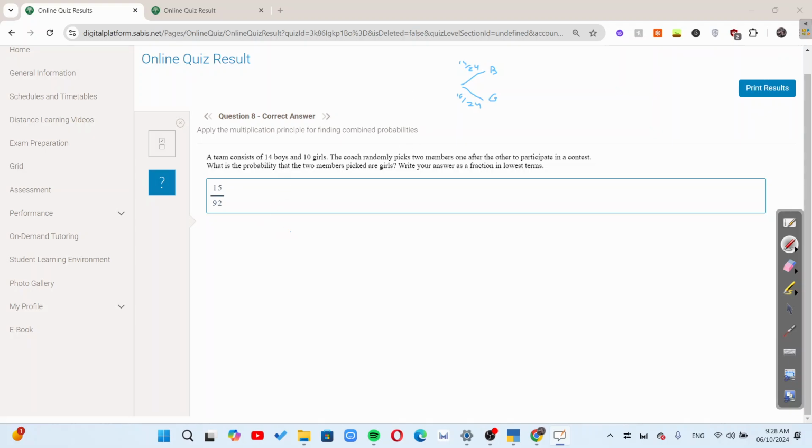So it's 10 out of 24, times, because if you're choosing another girl, you can either get girl or boy the second time, but you're going to have one less. So it's now 9 over 23, because you have one less person to choose from, or 14 out of 23.